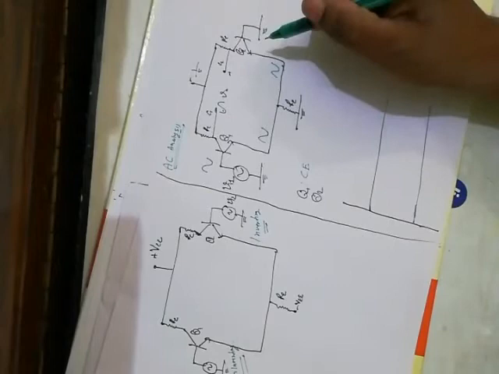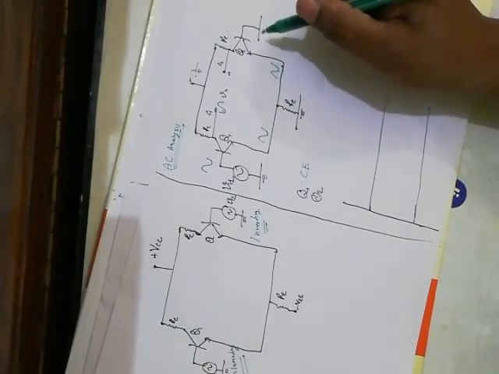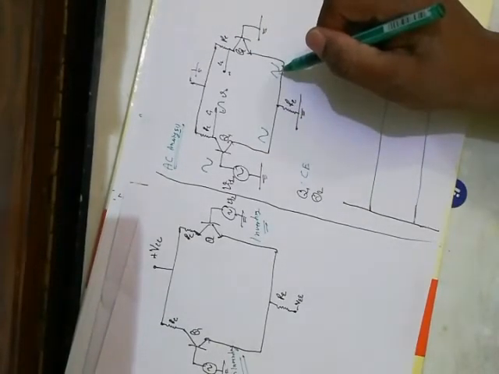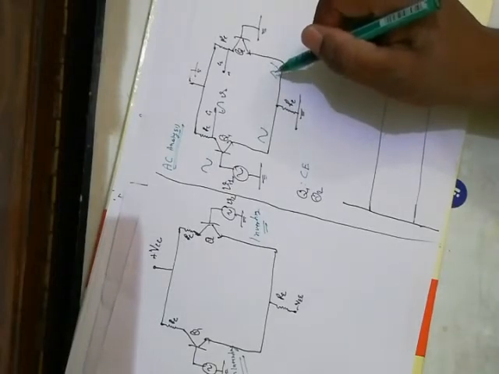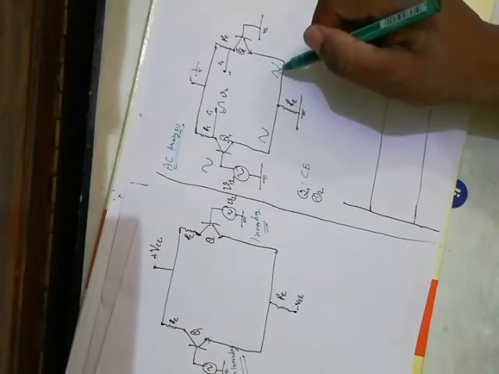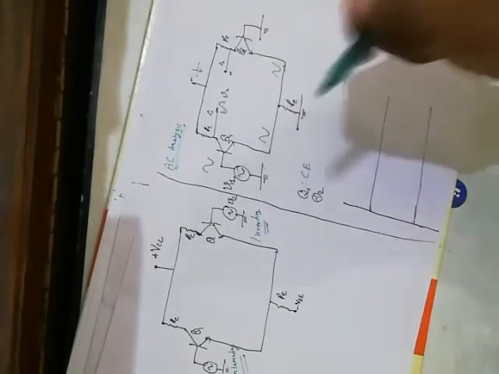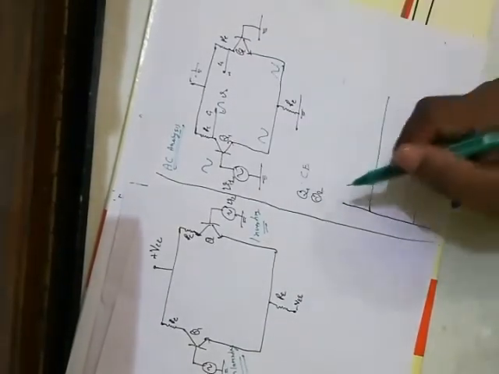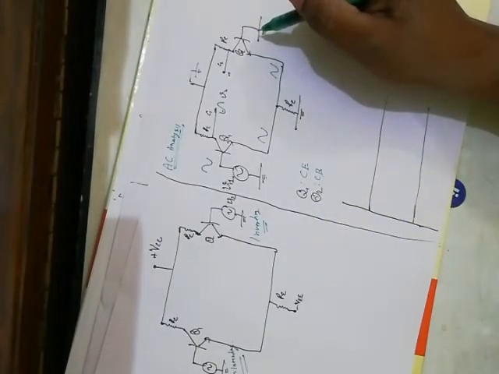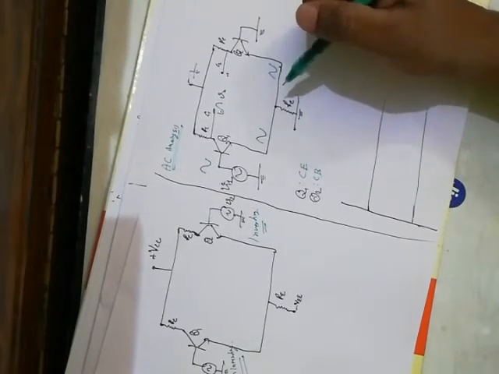Now for Q2 the base is common, we are not applying anything at the base. Here this signal is coming to the emitter. It means the emitter is getting this signal, so at the output there will not be any phase inversion, because this will act as a common base amplifier, because base is common, and we are getting a signal at the emitter.